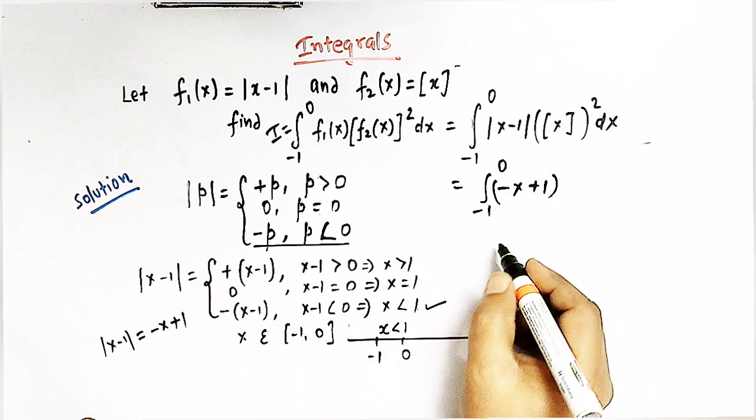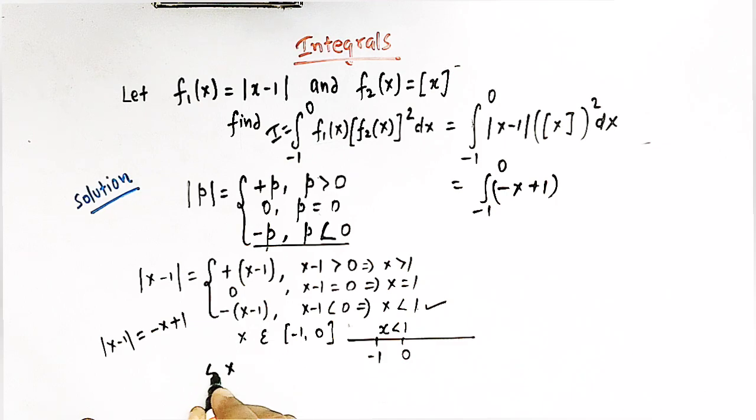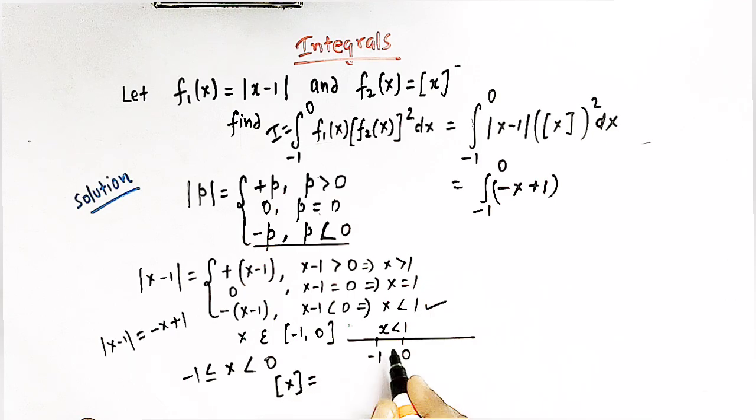Now here we have x greater than or equal to minus 1 but less than 0. So whenever x is greater than or equal to minus 1 but less than 0, then by definition of greatest integer function, the value of greatest integer of x is equal to minus 1, right?